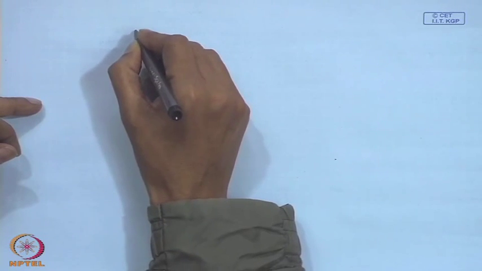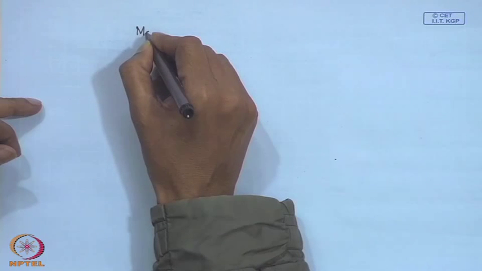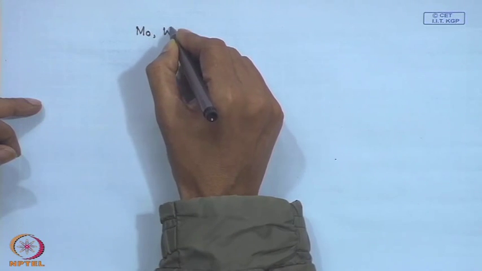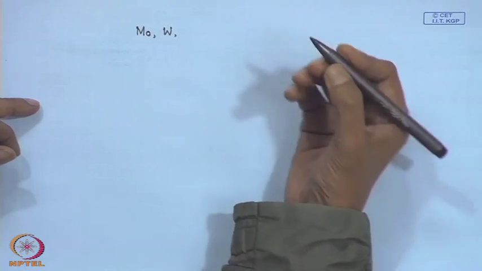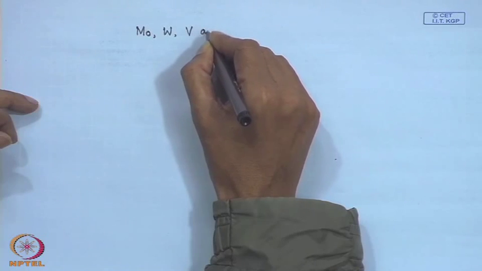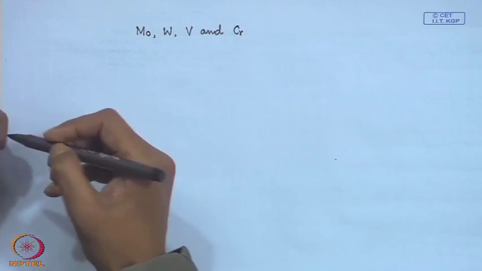So, in the next few classes, we will discuss the corresponding enzymes of several metal ions such as molybdenum, tungsten, vanadium and chromium.